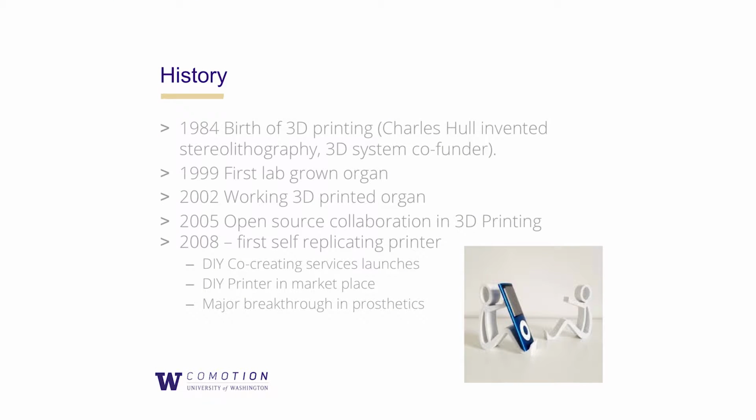Okay, so when 3D printing was developed in 1984, it really changed manufacturing, because now you have what's called additive manufacturing, right? What 3D printing does is you have a 3D model, it works with a computer, and then you start building your model layer by layer.